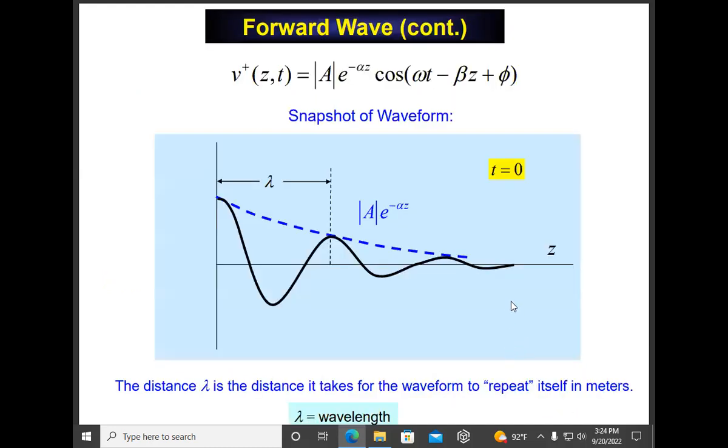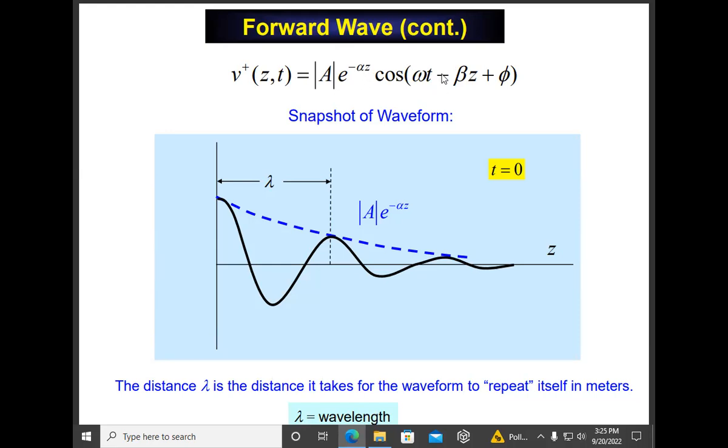Now, here's a snapshot of it. We freeze time. Let's just say t equals 0 to be convenient. Doesn't have to be, but let's just say, okay? And so we're just plotting this, getting rid of this term because we're putting t equals 0. So you're plotting basically what looks like kind of a cosine, right? It's oscillating as you go in z because of this phase shift term, beta z, right? But it's also losing energy because of the loss on the coax, and that's taken account by this attenuation term, right?